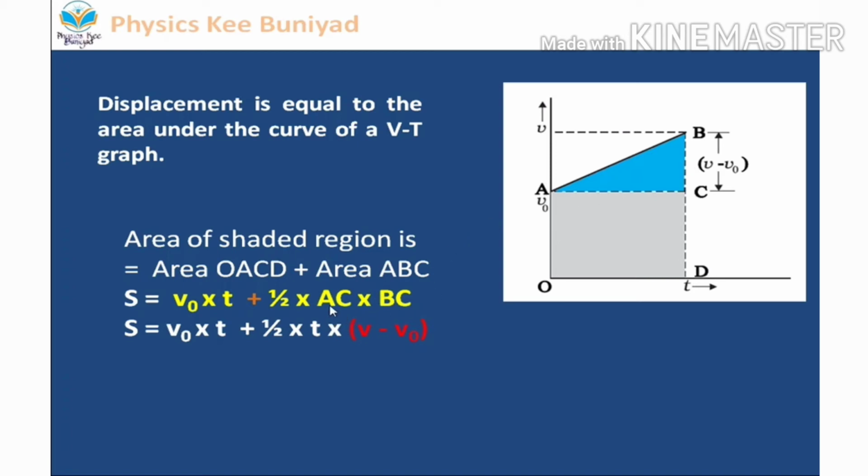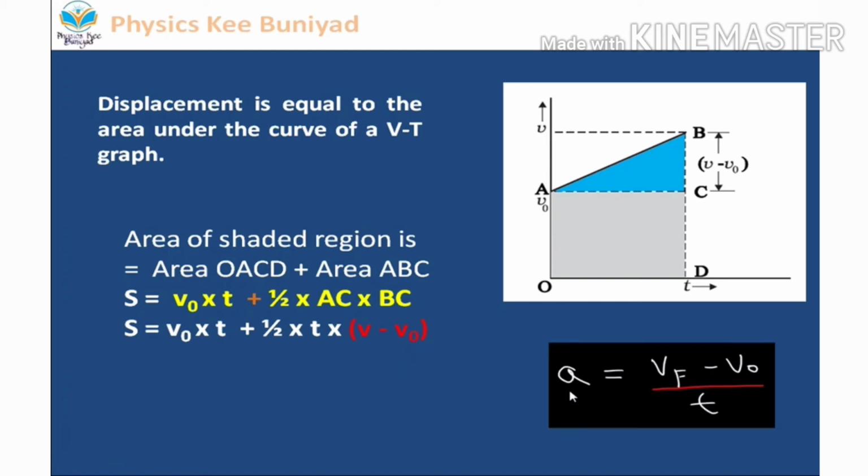AC is the base and BC is the height, so I put half into AC into BC. Now if I simplify a little bit, I will get v0 into t plus half into t, because AC equals t and BC is equal to the final velocity minus initial velocity, so v minus v0. So this is the expression.